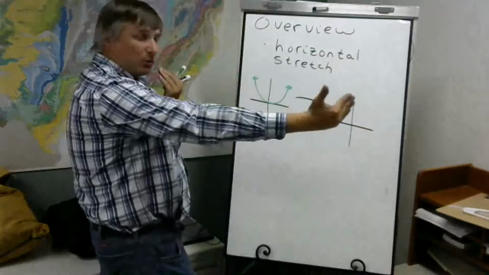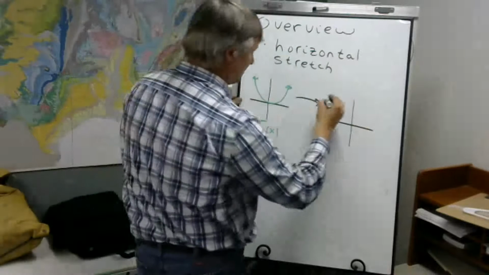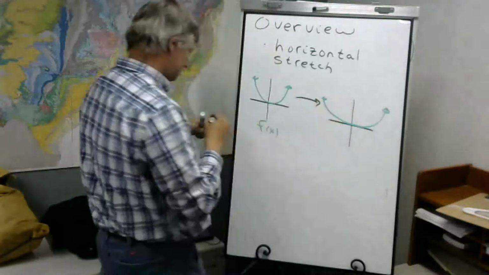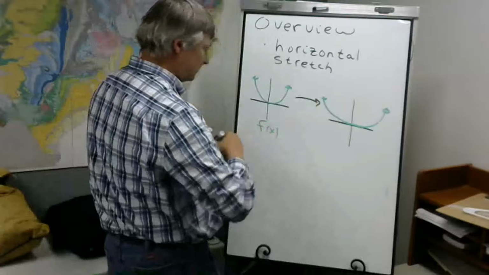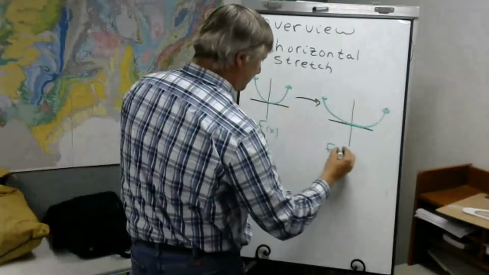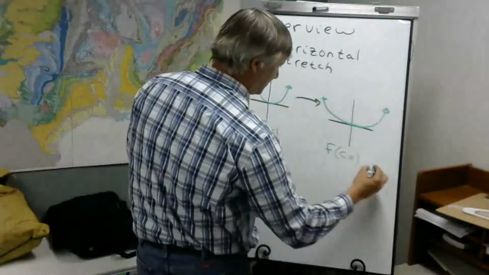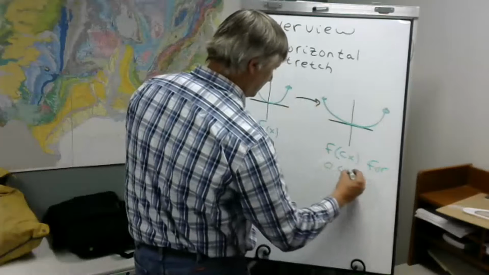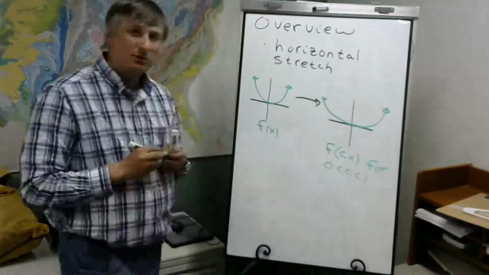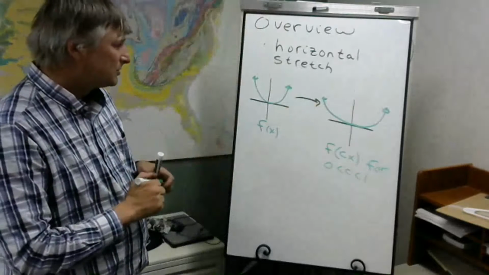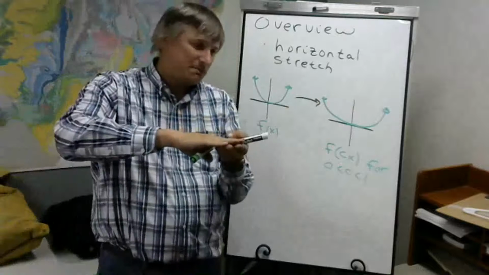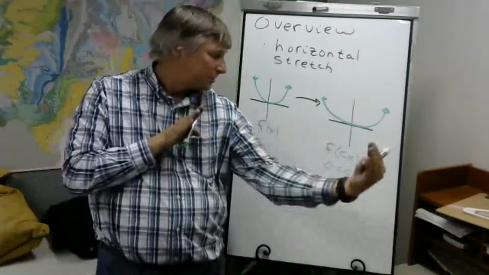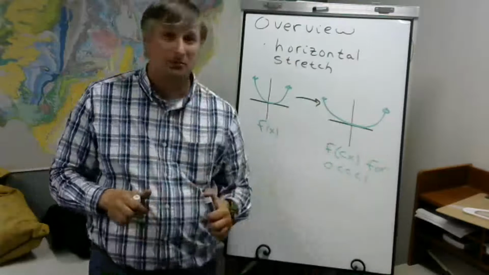To stretch it out horizontally, widen this parabola, we take f of c times x for c between 0 and 1. So while for the vertical stretch you needed c bigger than 1, for the horizontal stretch you need c between 0 and 1.